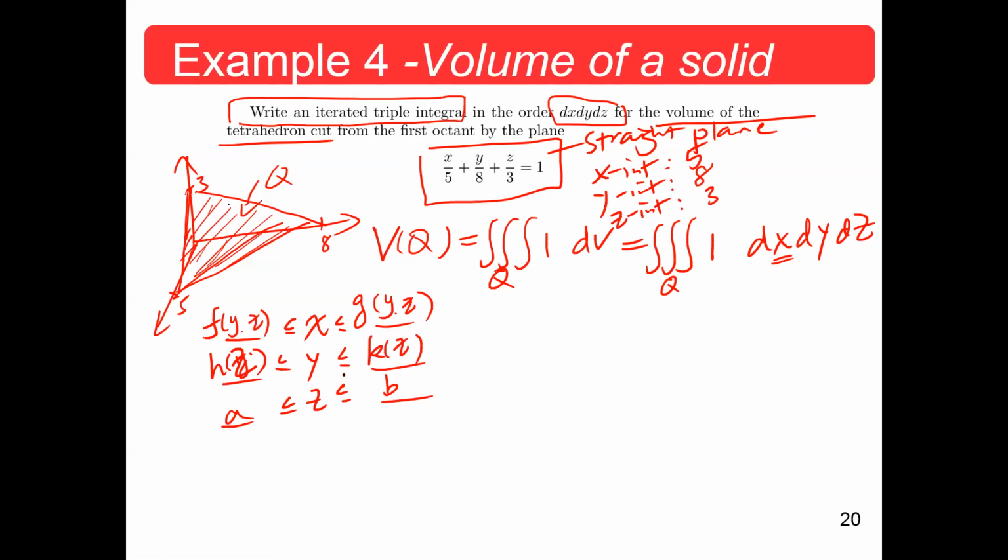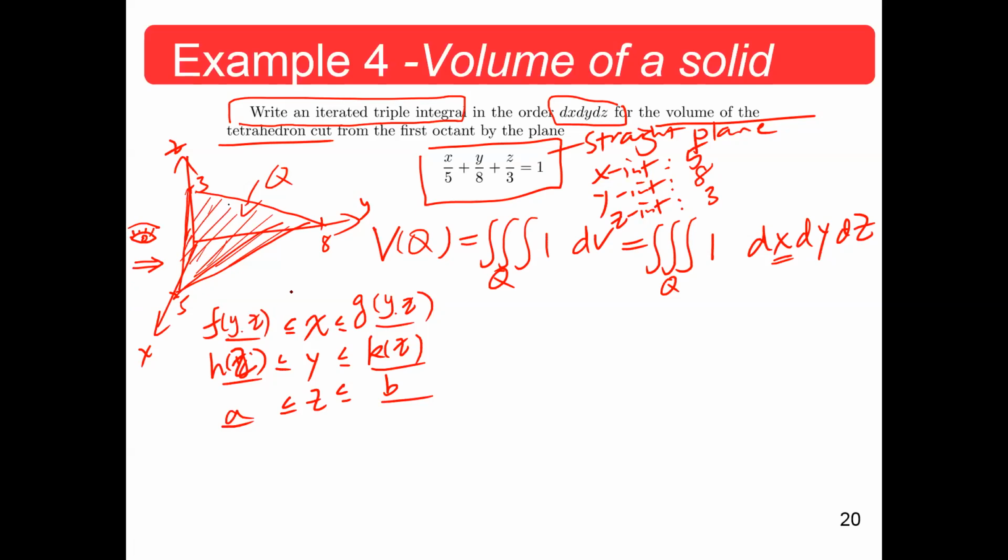So first of all, let's take a look at the x. Here's x, y, and z, right? So in terms of the x, we can look at the x from this direction. So I should be here, looking at the tetrahedron from the left of this xz plane.